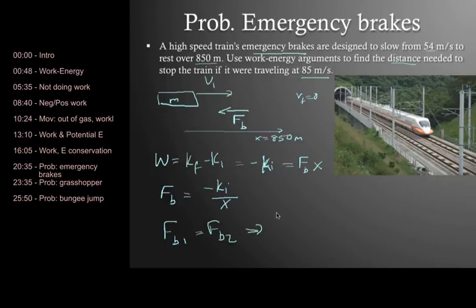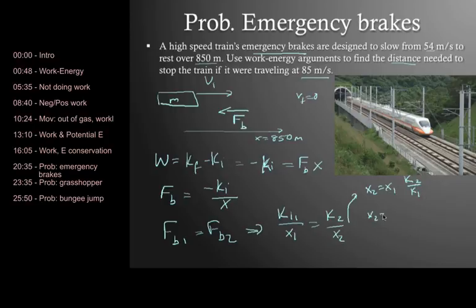So this tells me that I'm going to have my kinetic energy 1 over x1 is equal to my kinetic energy 2 over x2. And then now I'm just really looking for this x2. So I'm going to solve for x2 is equal to x1, kinetic energy 2 over kinetic energy 1.